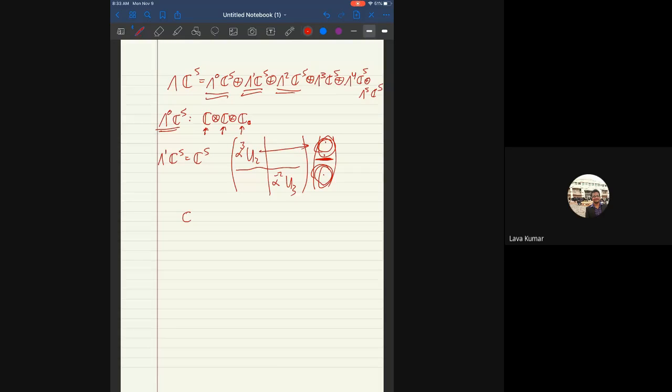But they do get hit by an SU2 matrix, so they transform as a doublet under SU2. They transform as C2, and then they get hit by 3 copies of alpha here. So their U1 charge is 3.